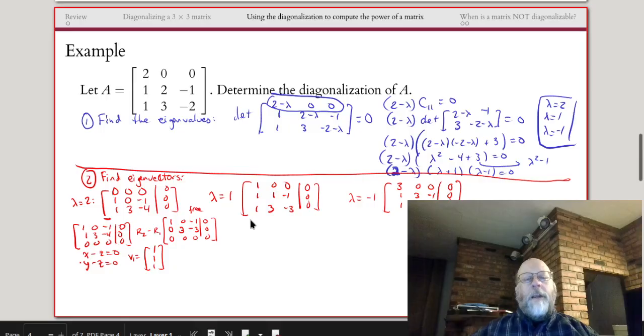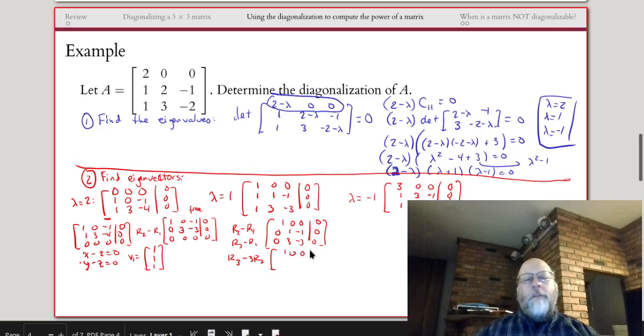All right. So then let's look at our next eigenvector. If we take row 2 minus row 1 and row 3 minus row 1, then we get 1, 0, 0, 0, 0, 1, negative 1, 0, 0, 3, negative 3, 0. And then we can take row 3 minus 3 times row 2.